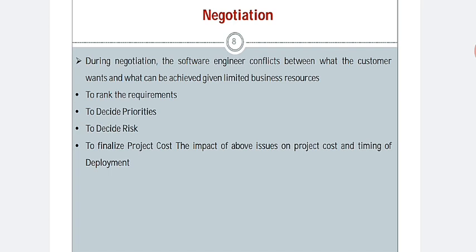To finalize the project cost, the impact of the above issues on the project cost and the timing of deployment has to be considered. The deployment timing also depends on your project cost. If you reduce the project cost, then the deployment time may increase, or if you increase the project cost, then the deployment time is reduced. So it is inversely proportional to the project cost.